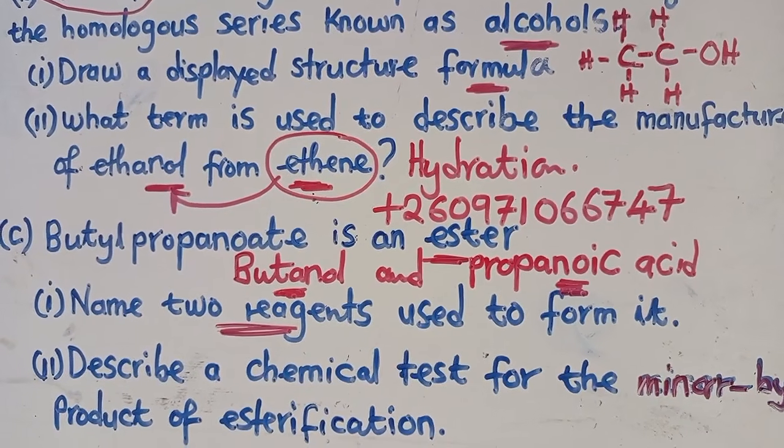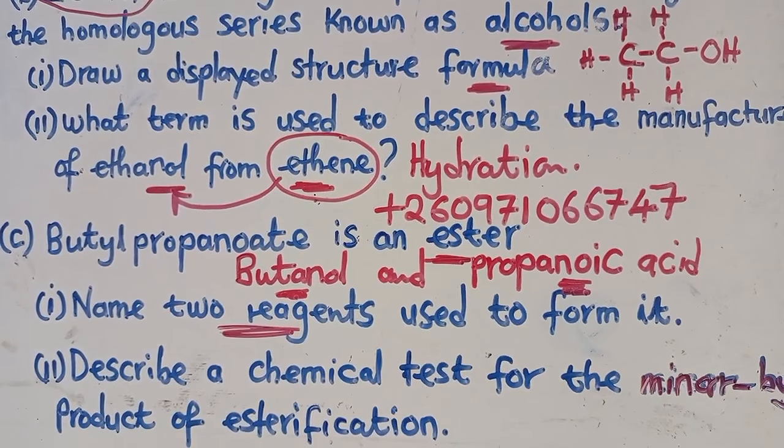The other product besides the major product, the ester, from esterification. So when an alcohol reacts with a carboxylic acid, an ester is formed and water. Now they want us to give a chemical test for the minor byproduct.